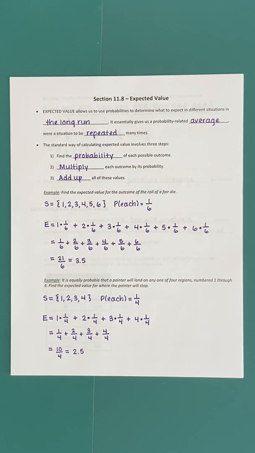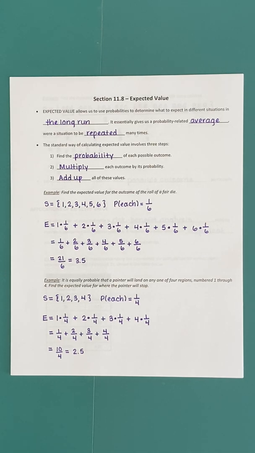And then we're going to take all those products and add them up. What that represents, again, is essentially an average. It's how likely is each event versus another. If we were to run this particular experiment in the long run, what's the effect of the likelihood of each event on this experiment as a whole?